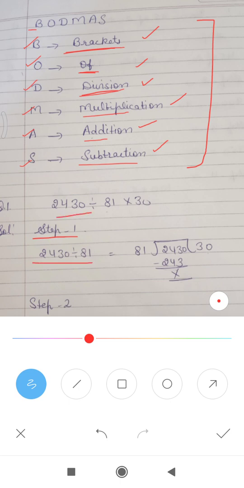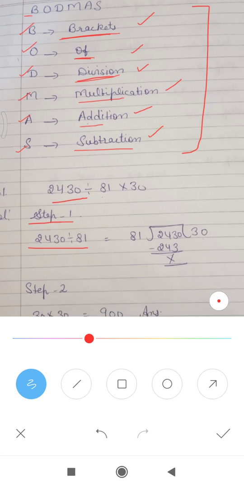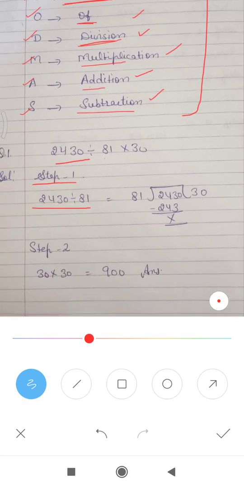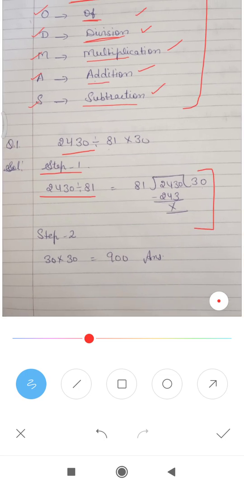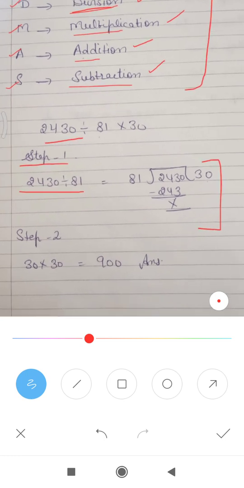2430 divided by 81 means in step 1 we will solve this. We will divide 2430 by 81. Now see same way division. First we will see left hand side digit 8. Then in dividend also left hand side digit 2. 2 is smaller than 8, not possible.